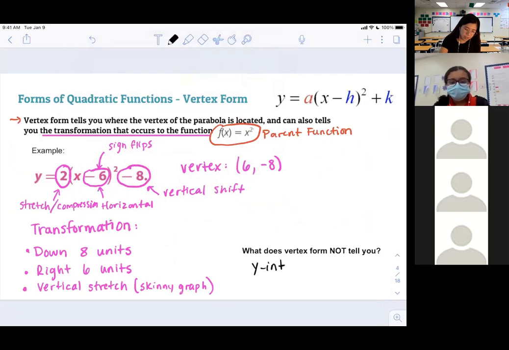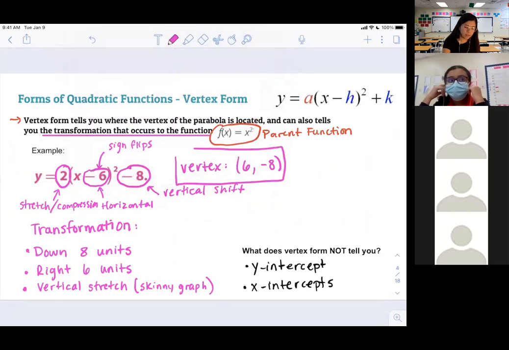Yeah, we don't know the y-intercepts or the x-intercepts. So this is something that we need to find out. Before we do that, do I have any questions so far? I know the vertex, but that's all I know. Any questions before I move on?